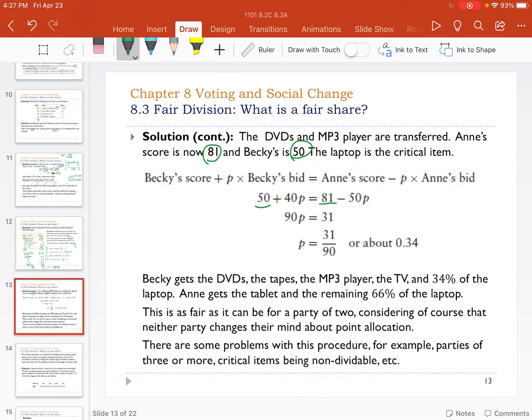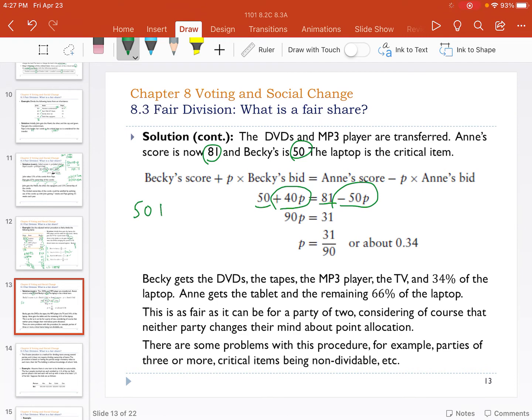Well, Becky, which is now on the right side, had 40 points for the laptop. Ann had 50. So Becky will only gain 40 as Ann loses 50. But there's still an equilibrium point here. So Becky gains 40 for every percent and loses 50 for every percent.